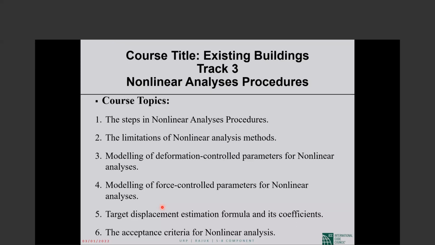Target displacement is the quantification of earthquake in nonlinear analysis. When you check at this level of earthquake, it gives us a target displacement of 5 centimeters. If you check for the bigger earthquake, it gives, for example, 7 centimeters.